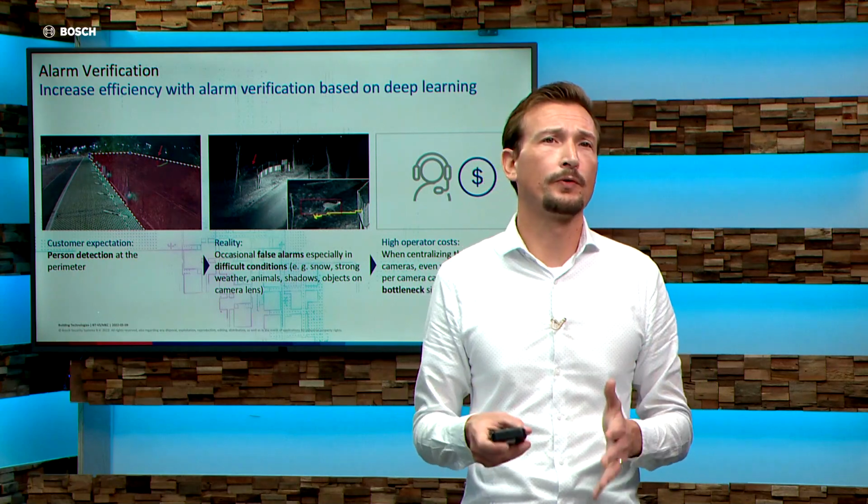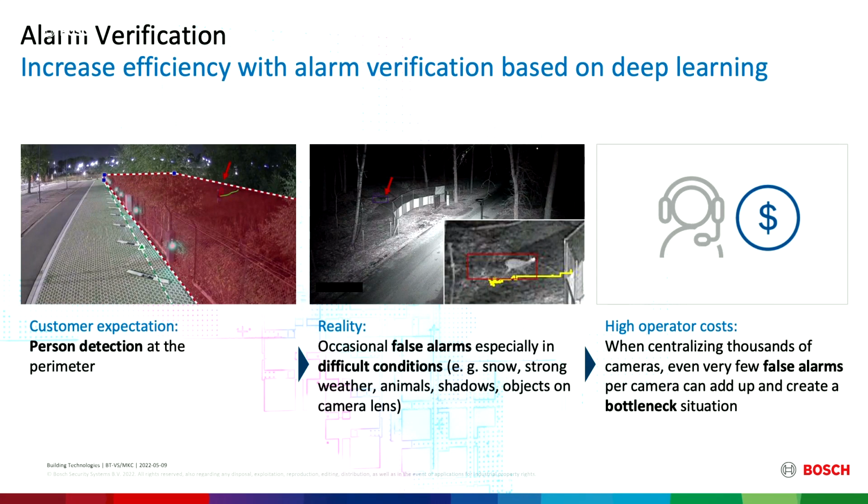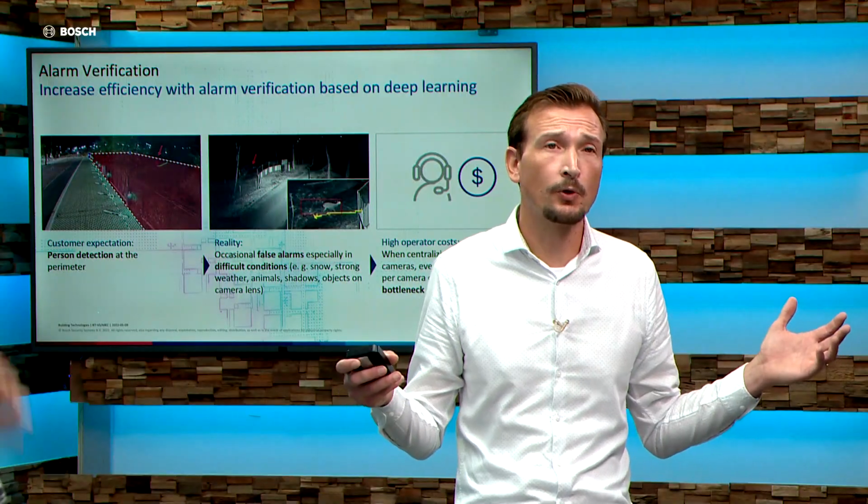Nowadays cameras are really smart and have really powerful analytics and really good performance. So you can easily identify persons and generate events in all kinds of scenarios. But still, there are a few situations where you might have a false alarm. That could be because of difficult conditions.